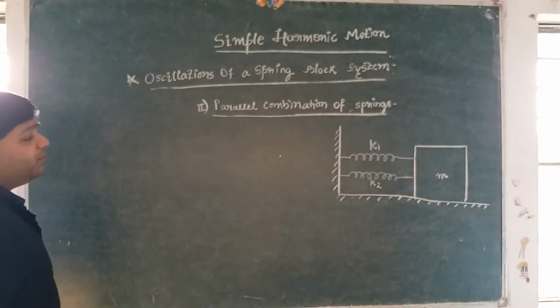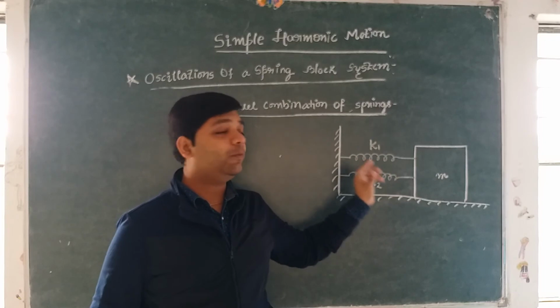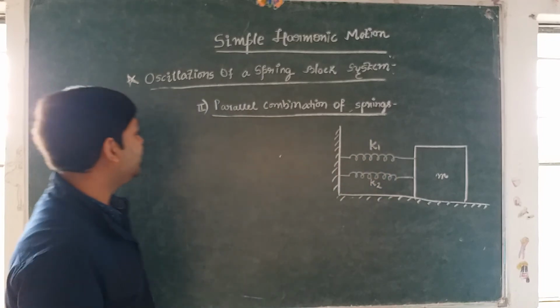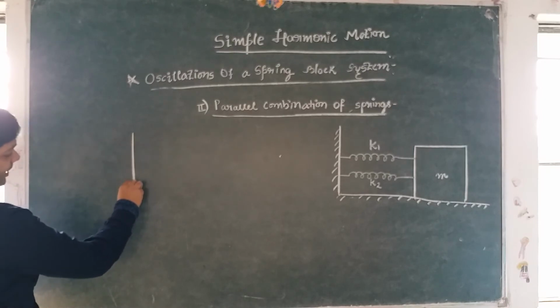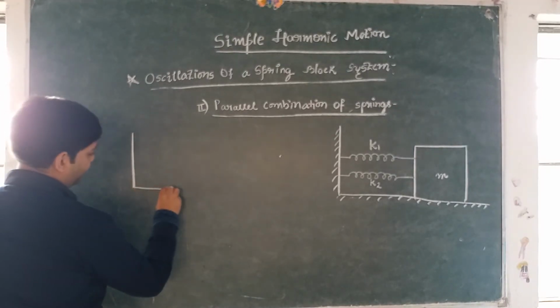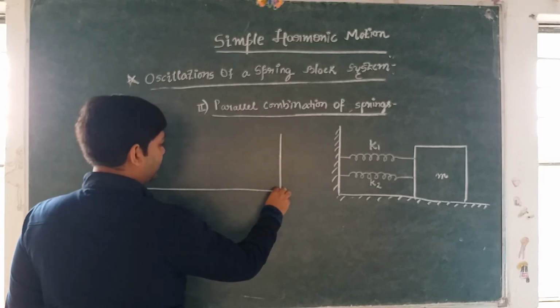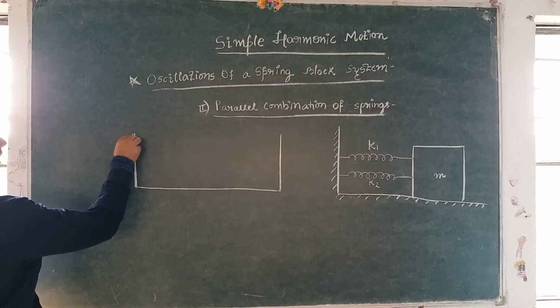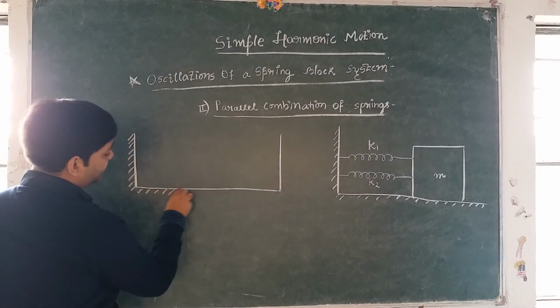Now there is one more way or manner in which this parallel combination of two springs may be represented, and this is more commonly asked. There is one question in NCERT also based on this pattern.